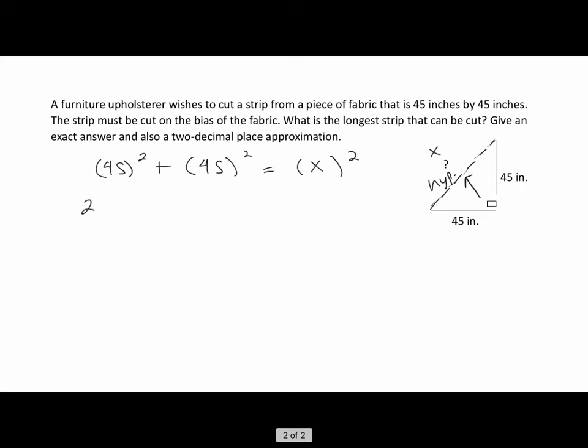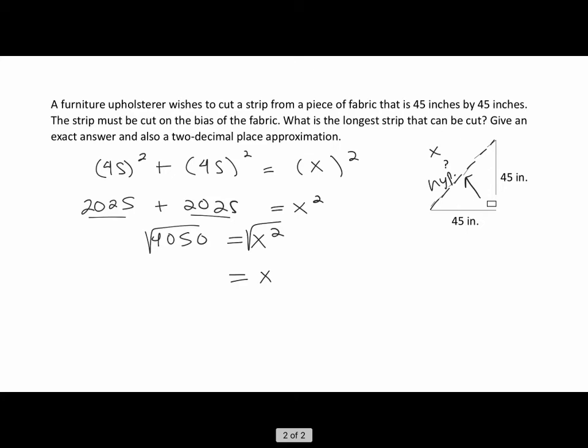So 45 squared is 2025 plus another equals x squared. So 2 of these, if we add those together, that's 4,050. And again, what we want to find is in a square. So if we square root that, that leaves just the radicand.